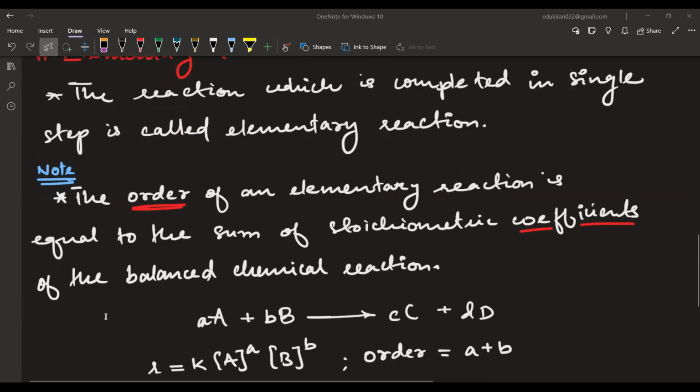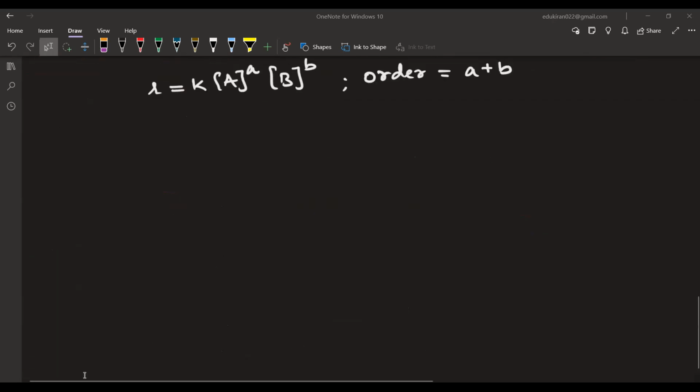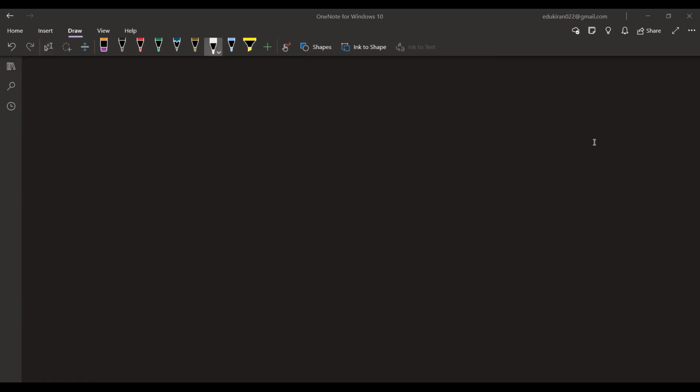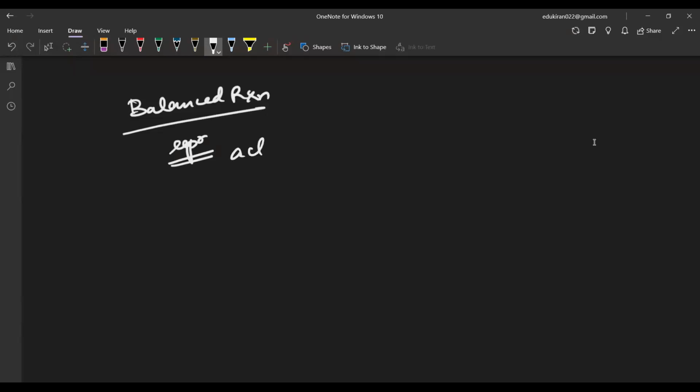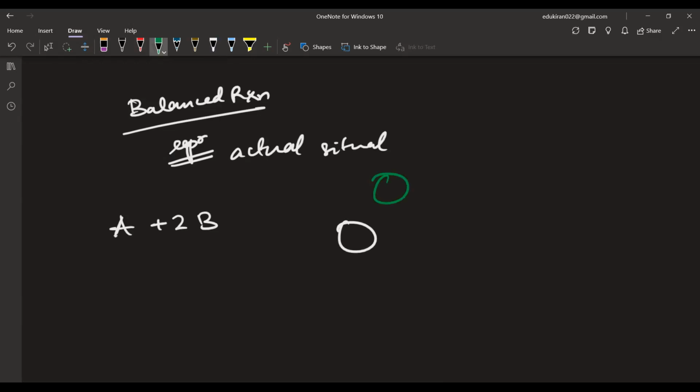Yes, sir. Okay. Now, when a reaction happens in a single step, let me explain why the order of reaction is equal to the stoichiometric coefficients. When it is happening in a single step, that means this balanced chemical reaction is representing the actual situation. That means if I have, let us say, A plus 2B, then there will be one molecule of A, and 2 molecules of B will come and join the A like this.